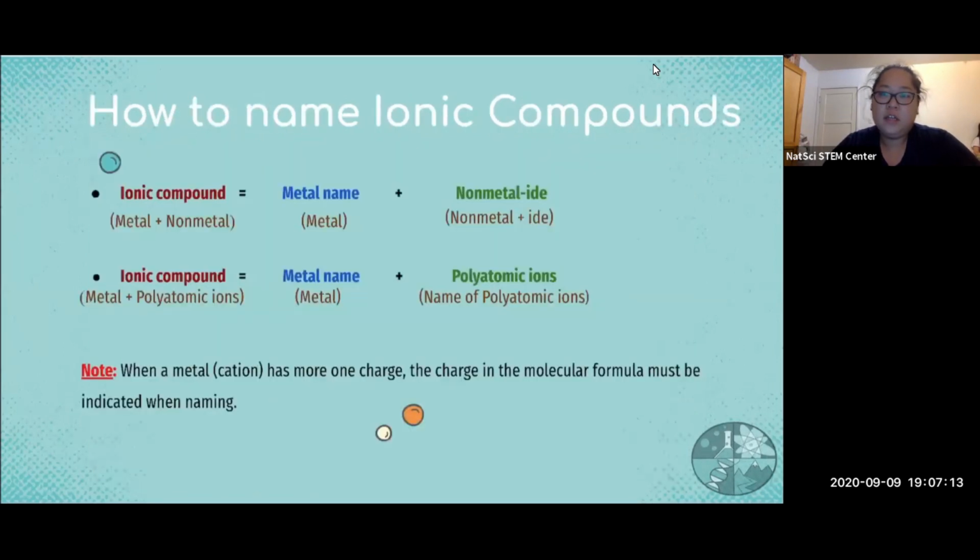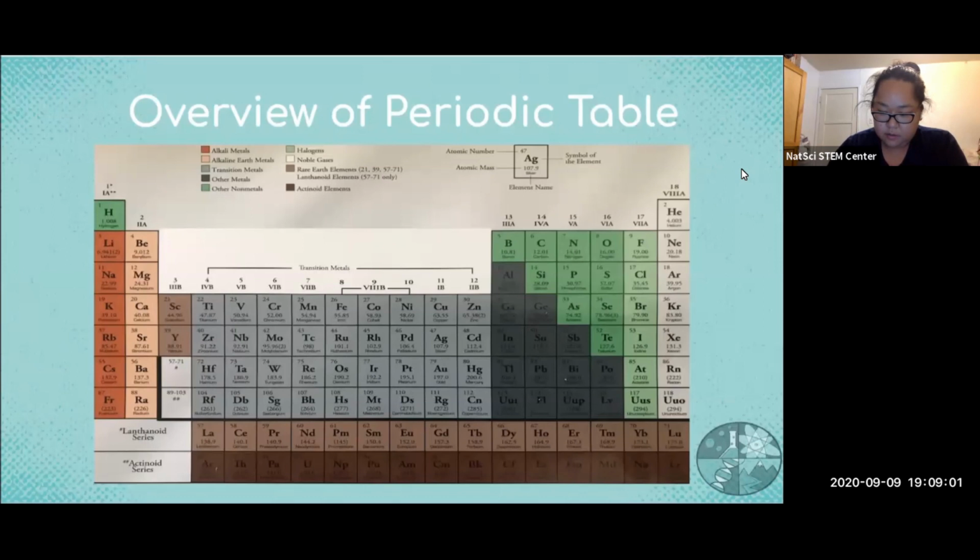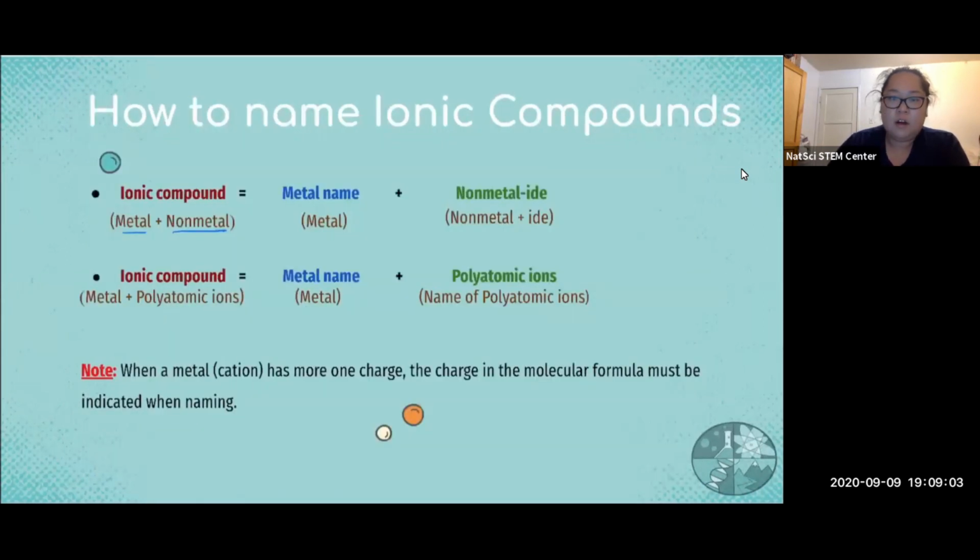So the first thing in how to name ionic compounds is that you need to know that ionic compounds consist of a metal and a non-metal. So from here, we're going to name ionic compounds. The first thing you need to recognize is that metal and non-metals together form an ionic compound.